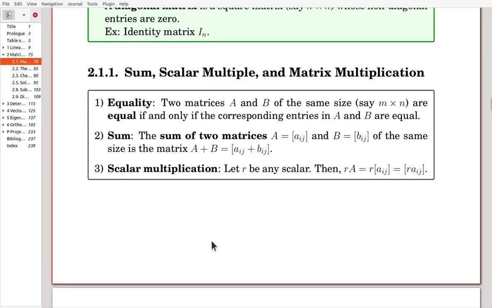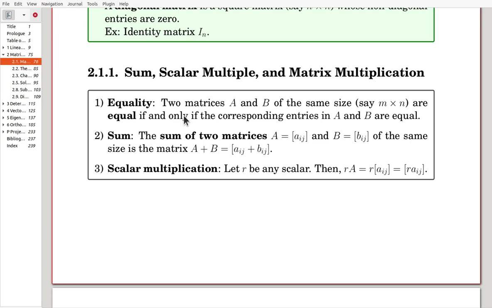Here we'll define matrix sum, scalar multiple, and matrix multiplication. Two matrices A, B of the same size are equal if and only if the corresponding entries in A and B are equal. First of all, the two matrices should have the same size, and the corresponding entries are equal.